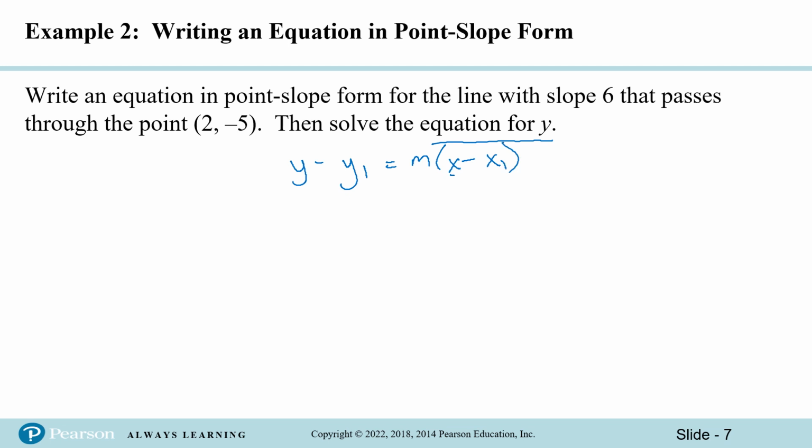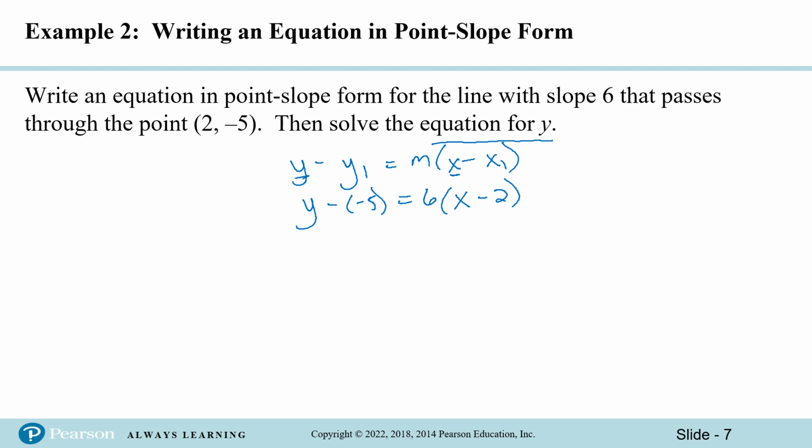The plain x and the plain y are going to stay plain x and plain y, but it's the x sub 1, the y sub 1 and the m where we substitute in numbers. So the y value is -5. Our m, we use the letter m to represent slope. I don't remember if I said that. x minus 2.